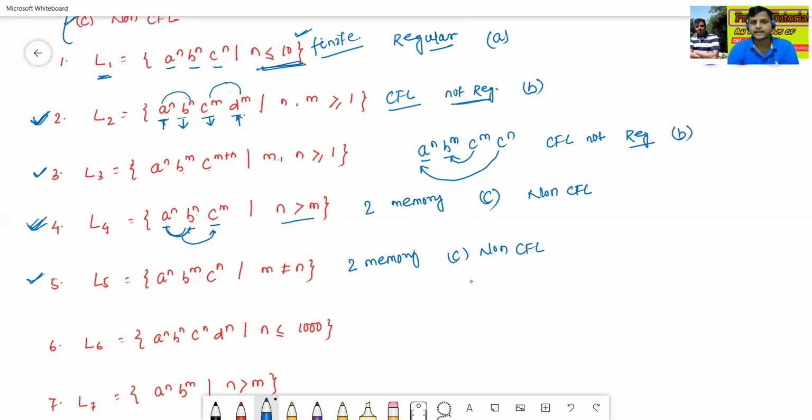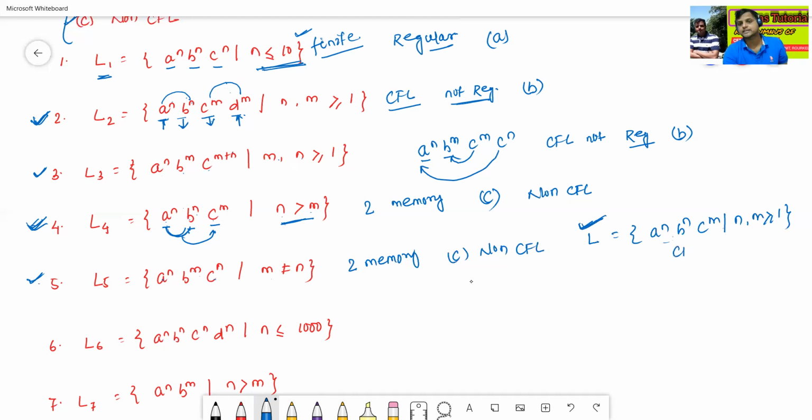Suppose one example, I'm just writing one language, L equals a to the power n, b to the power n, c to the power m, where n, m are greater than or equal to 1. Just compare questions 4, 5 and this language. In 4 and 5 it is a similar type of string, but there is a relation between n and m, whereas in this case there is no relation between n and m.